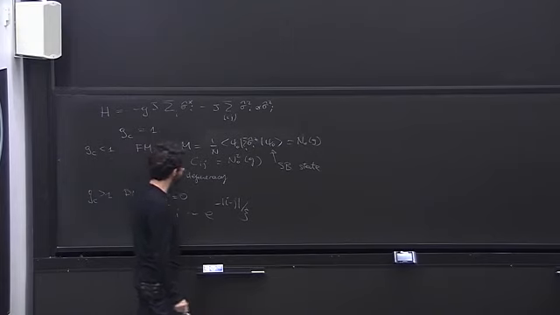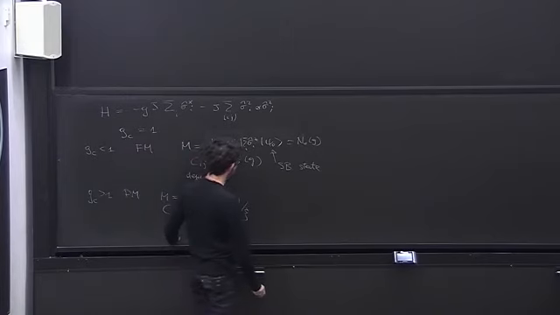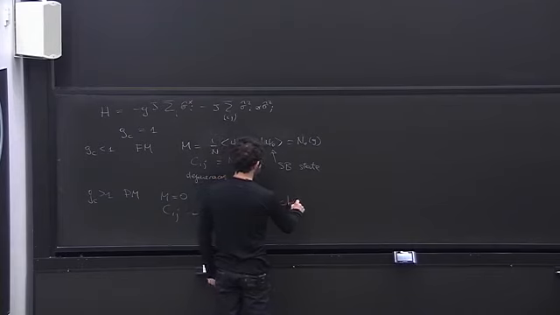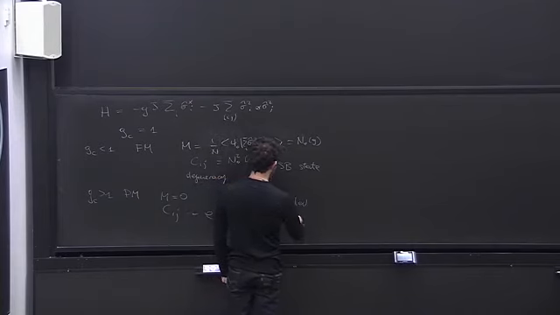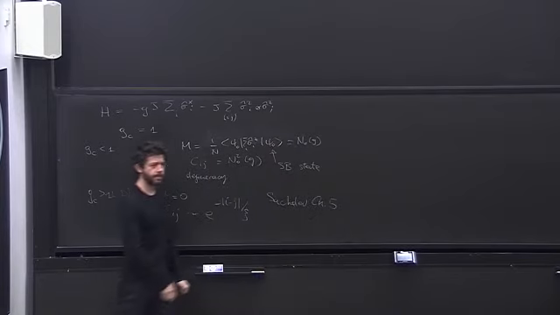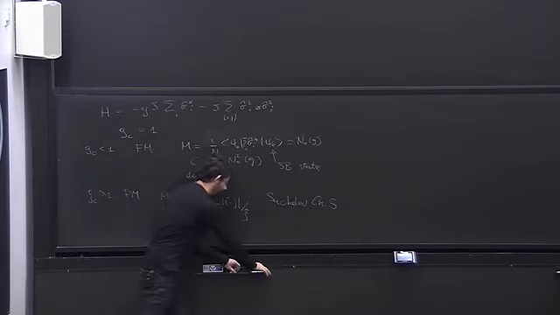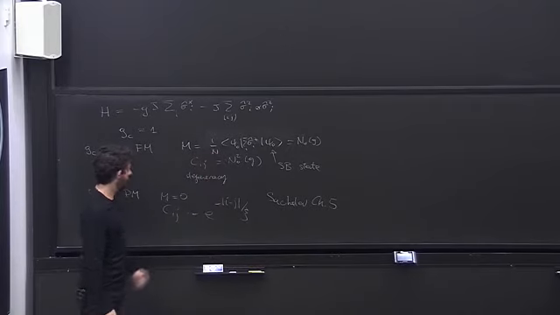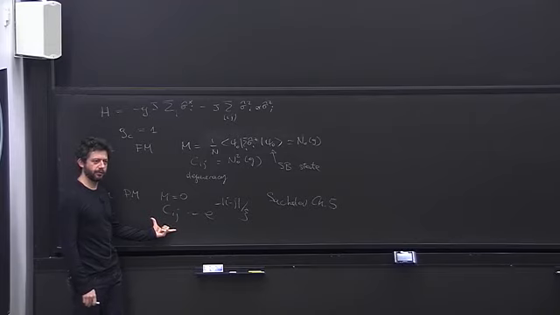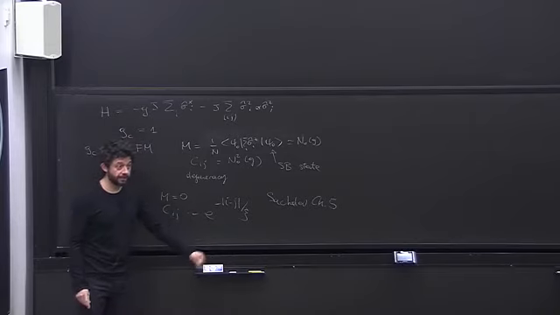If you want to see the details, and I suggest you do it as a homework, it's in the Sachdev book, chapter 5, I believe. It's very well explained how to compute correlation functions from perturbation theory, and you will see this.